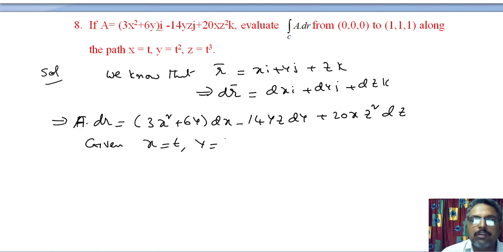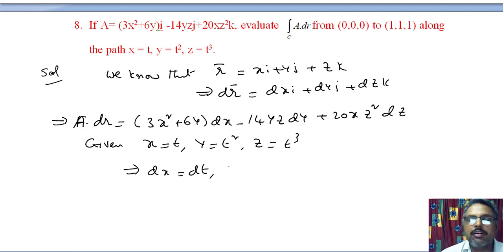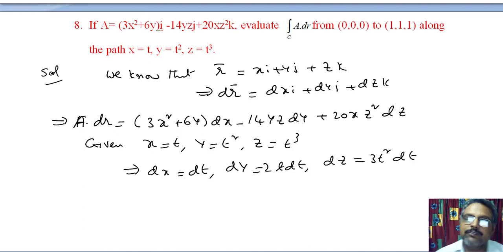Now substitute all these values in A dot dr.